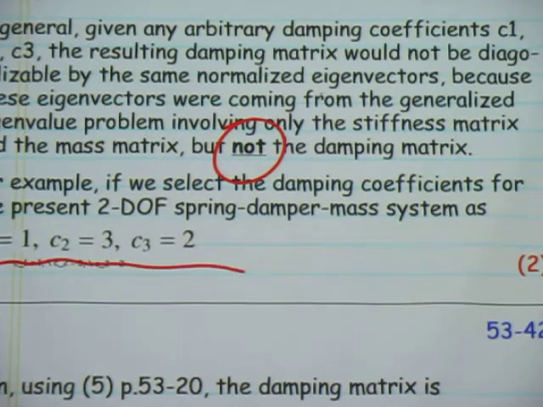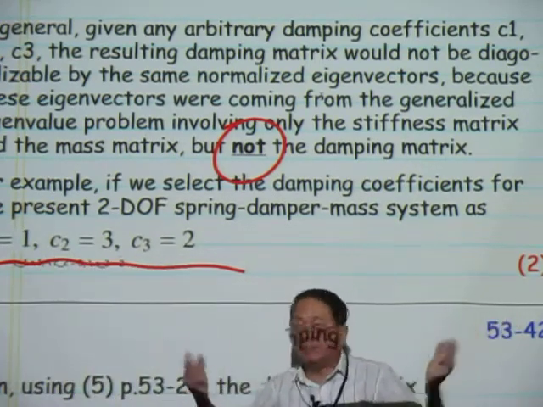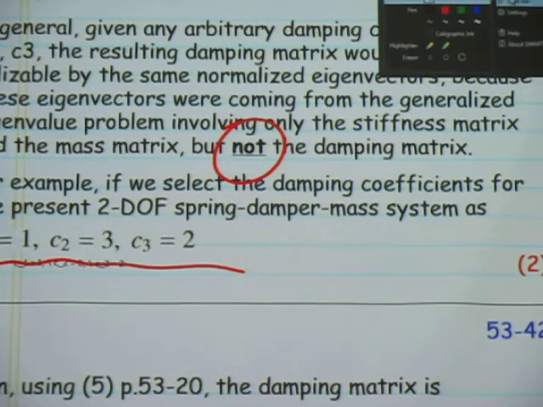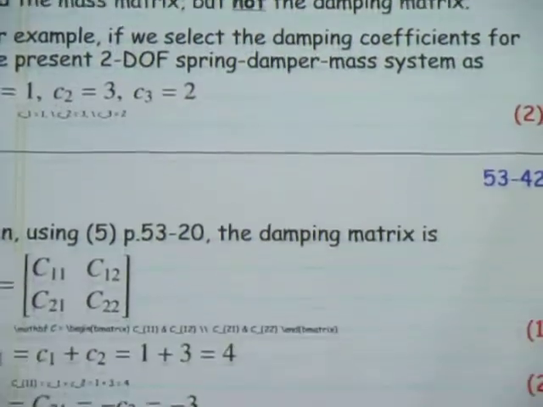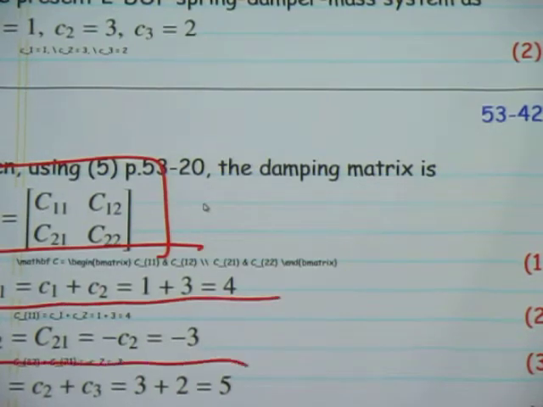If you select arbitrarily, for example, C1 equal to 1, C2 equal to 3, C3 equal to 2, right? Some seemingly simple numbers, and work out the damping matrix, if you follow the derivation, right?